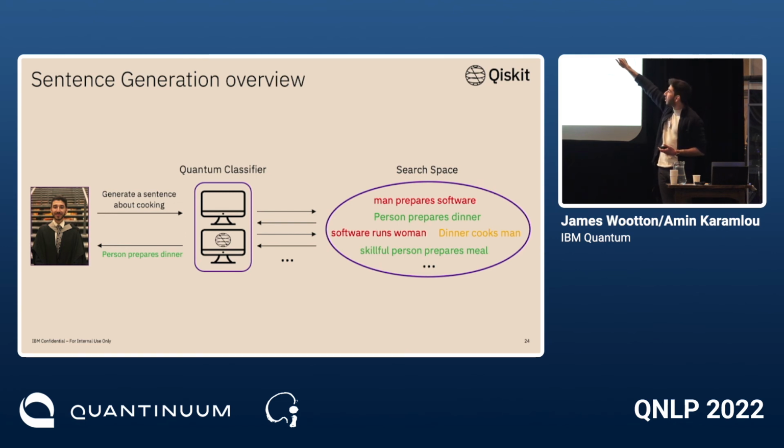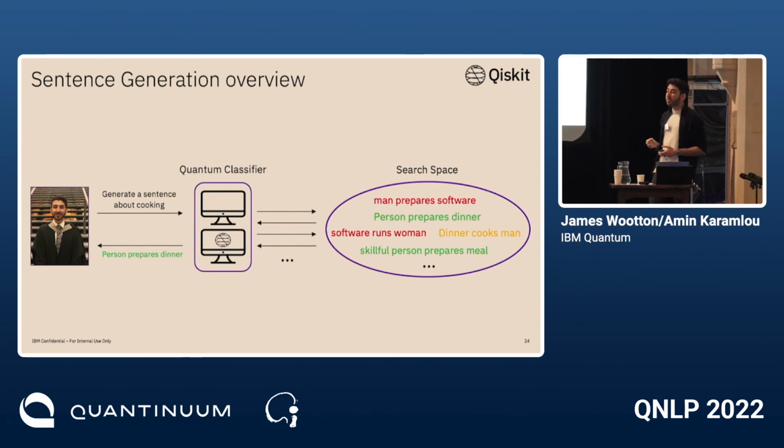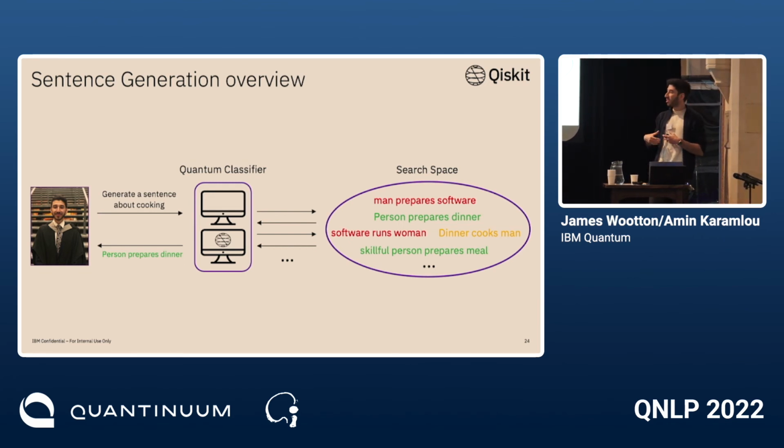We don't want to output those. There might be sentences that have the correct topic, but they're semantically nonsense. So "dinner cooks man" isn't a very meaningful sentence. There might also be sentences that are both semantically incorrect and have the incorrect topic, OK? And that's an optimization problem because you're searching for some optimal solution among a possible set of solutions.